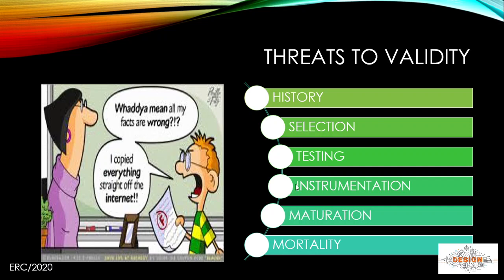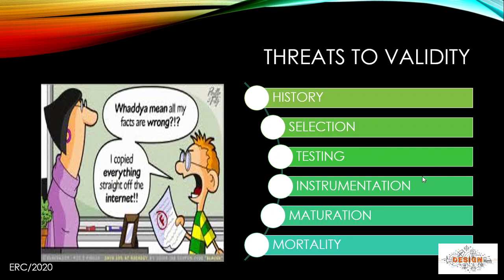There are threats to validity. Number one is history. Number two is selection. Number three, testing, instrumentation, maturation, and mortality. Valid data are not only reliable but also true, sabi ko nga kanina.